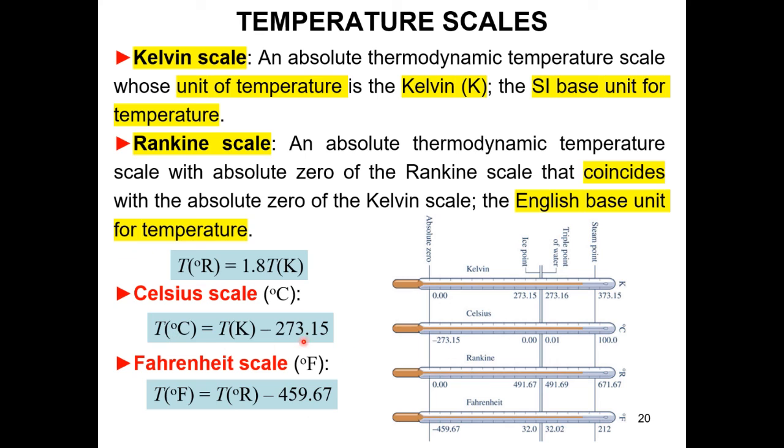So if you want to convert, you need to subtract 273.15 from Kelvin in order to get the same reading. And you also have Rankine and Fahrenheit. These are some of the temperature scales that we use.